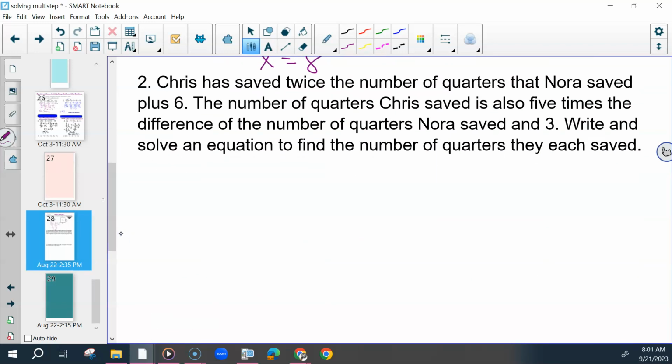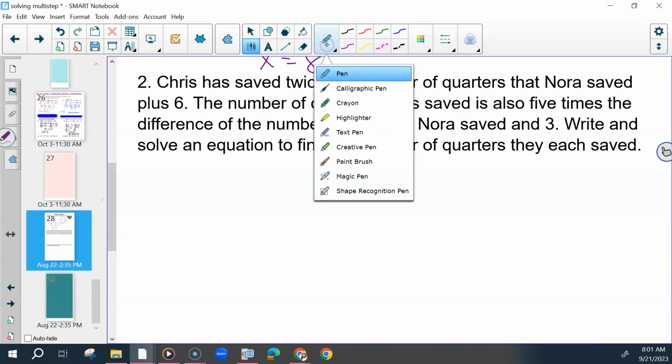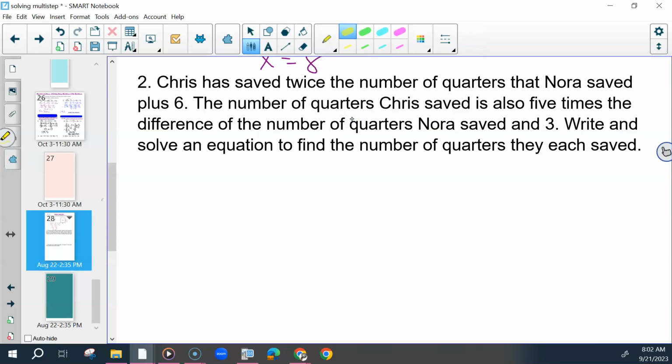Okay. Let's read number 2. Chris has saved twice the number of quarters that Nora saved plus 6. The number of quarters Chris saved is also 5 times the difference of the number of quarters Nora saved and 3. Write and solve an equation to find the number of quarters they each saved. Alright, so let's find important information first.